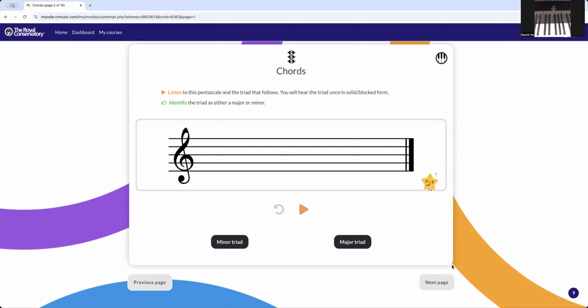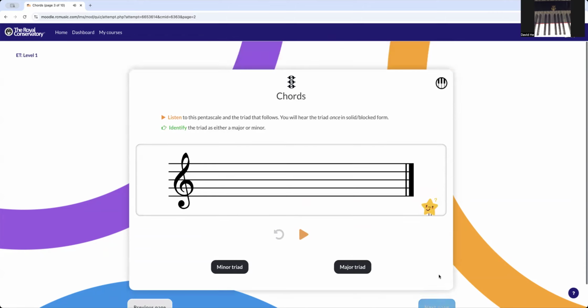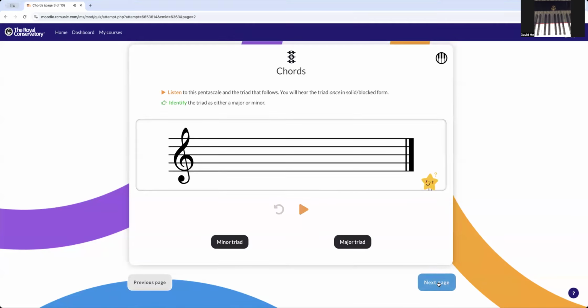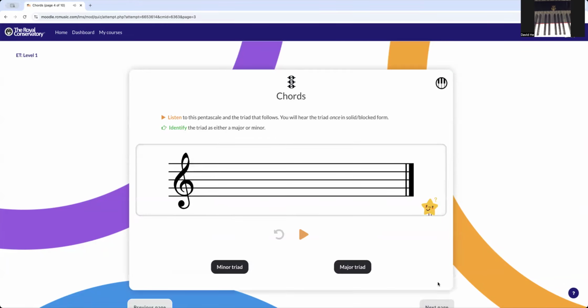I feel like this one is the same thing, right? Yes, the same thing. Next page. So it's probably this one. How come this one is not even working here? It's all major. It's not even moving.